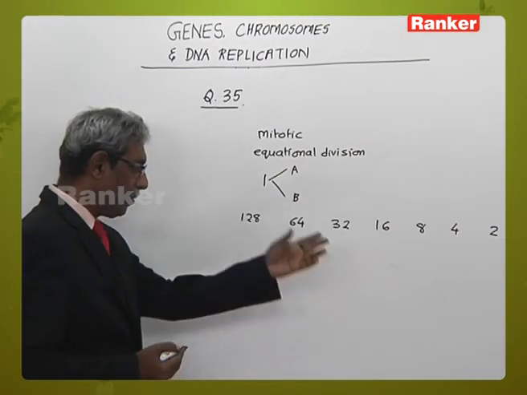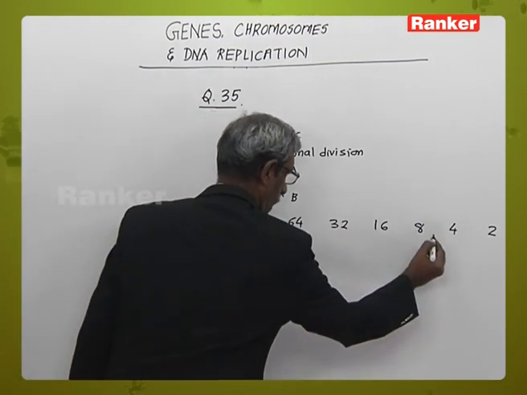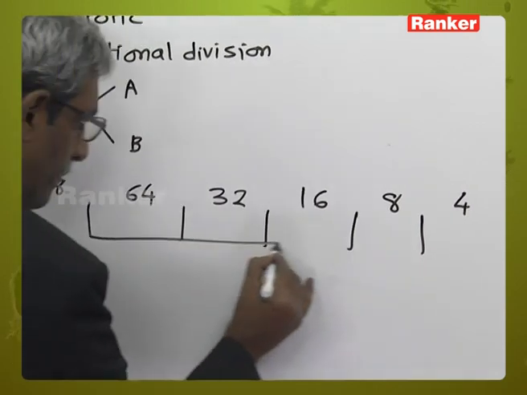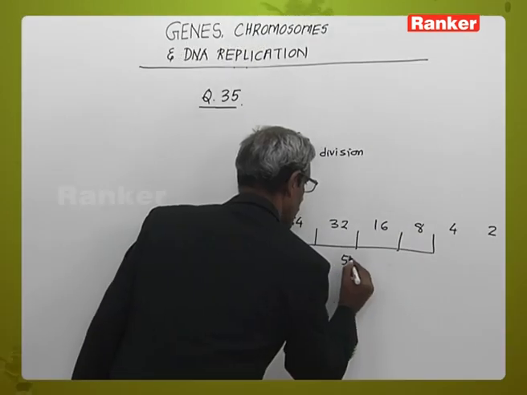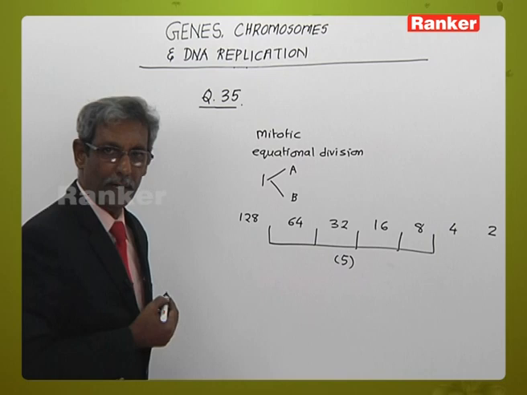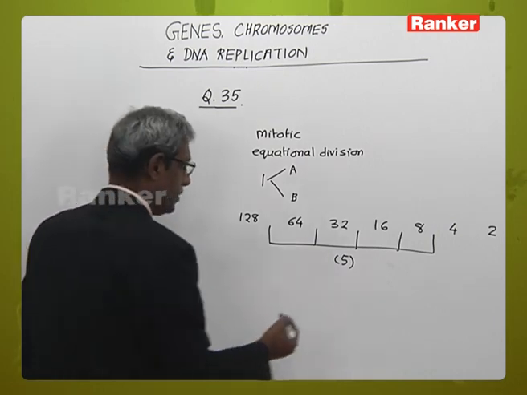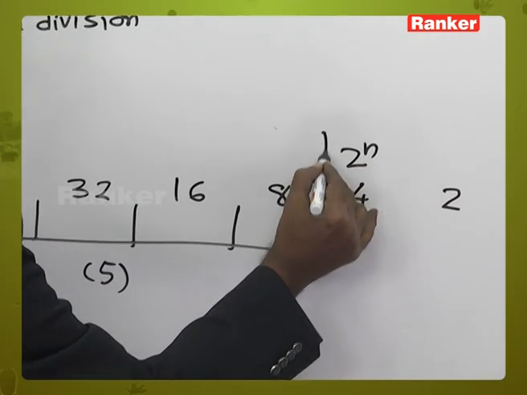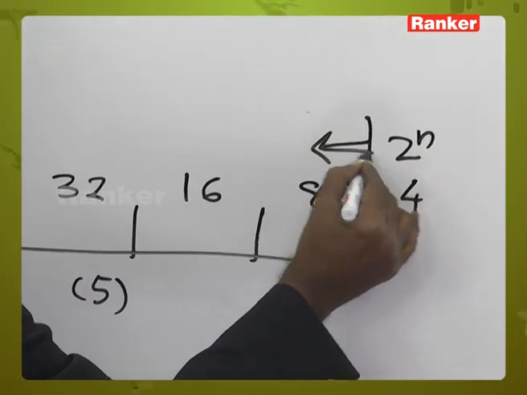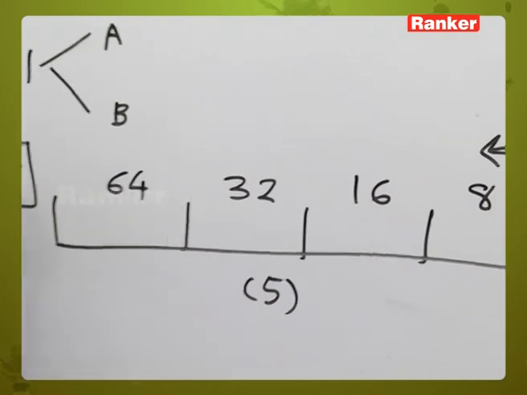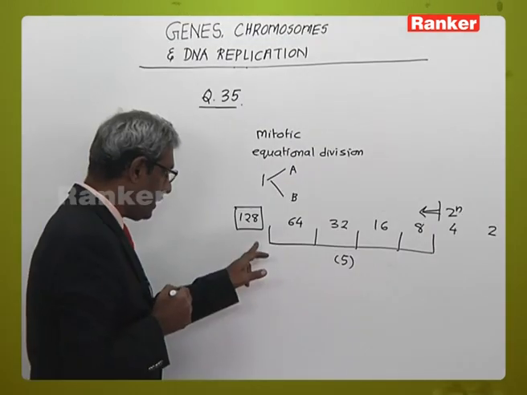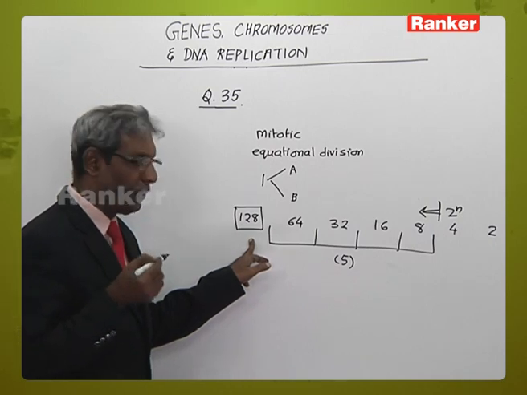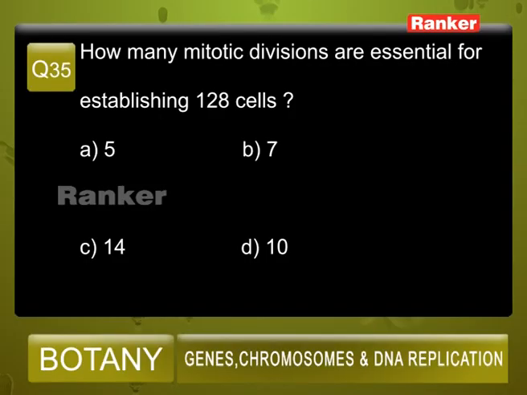So, when you look at the sequence, we have 1, 2, 3, 4 and 5. We require 5 mitotic divisions so that we get 128 cells. Hence the answer is A.